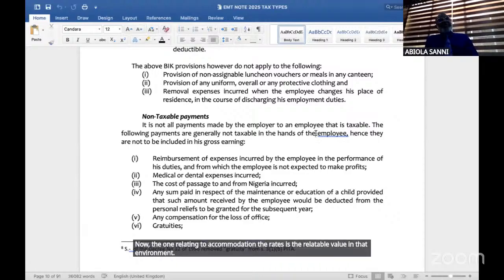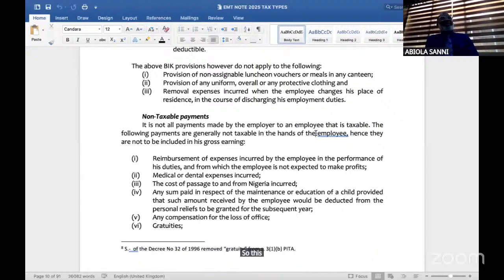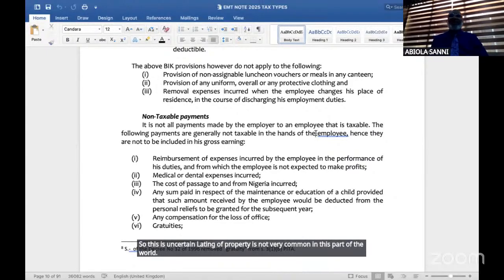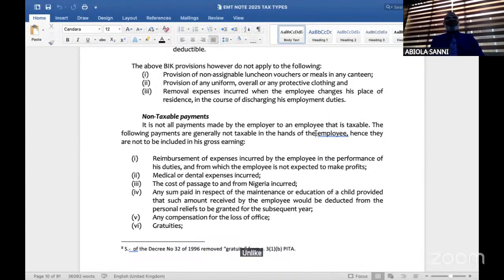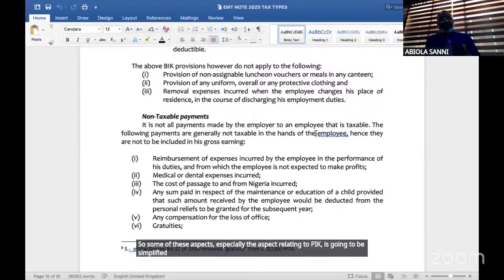This is uncertain because rating of property is not very common in this part of the world, unlike other countries where you know the value of your house and you know what rate you are liable to pay on it. Some of these aspects, especially the aspect relating to PIK, are going to be simplified under the current tax reform.